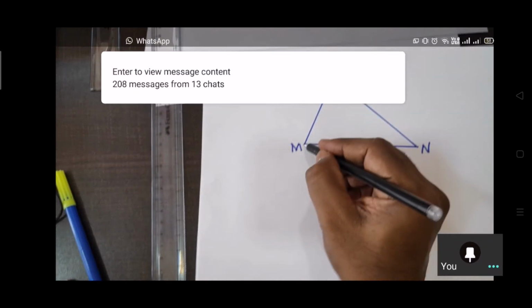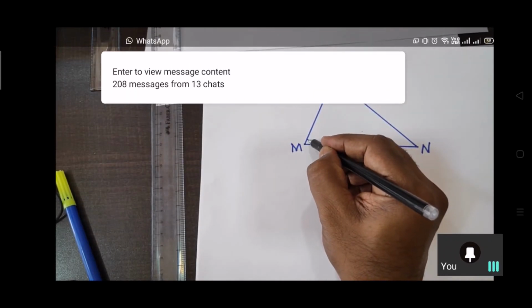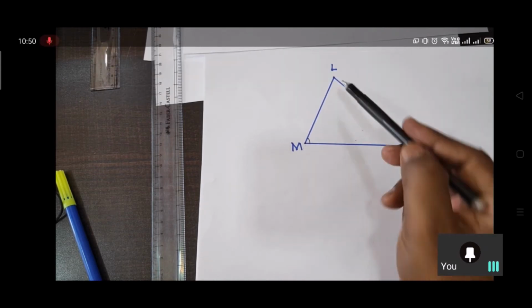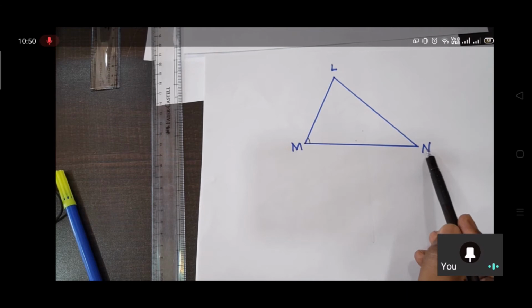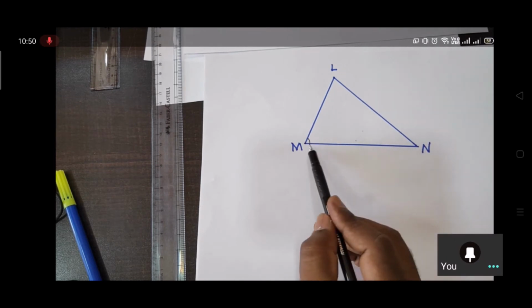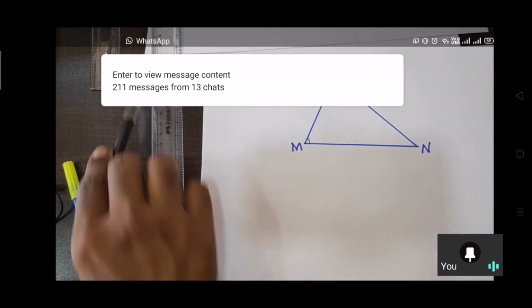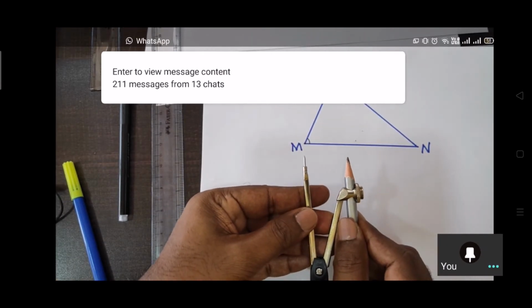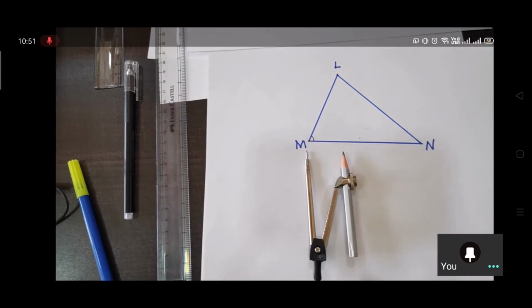Concentrate on this point M, where this angle M is there. Name of this angle is angle LMN or angle NML. Now we have learned how to bisect an angle, angle bisector, and draw an arc.